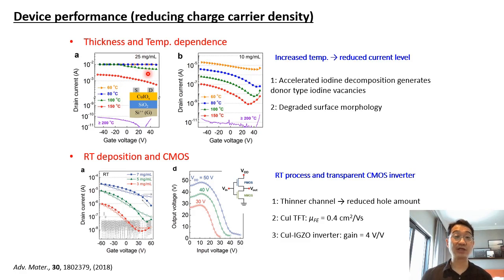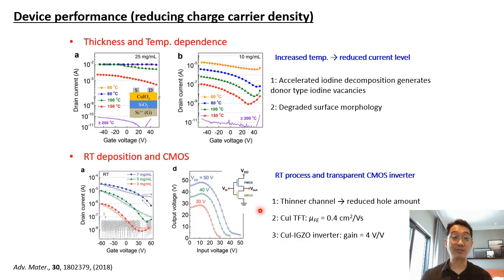To reduce the hole density, the hole concentration, we should reduce the thickness of the semiconducting films by controlling the concentration from 25 milligram per milliliter, to 10 milligram per milliliter, and further reducing to 7.53 milligram per milliliter, we can get a small on-off modulation by controlling the thickness of the copper iodide film.